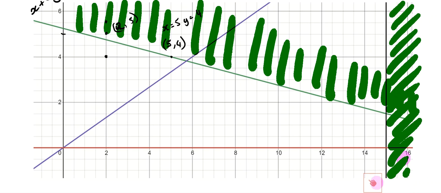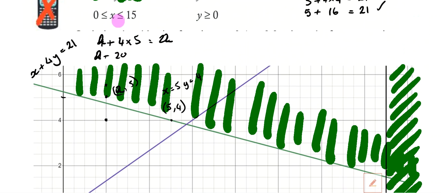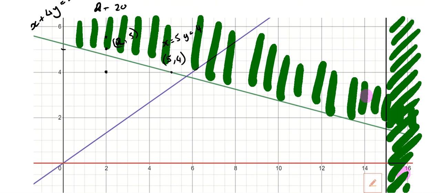What about this, x also has to be greater than or equal to 0? Where's that? It's not the blue one, though. It's not the red one. x has to be greater than or equal to 0. That means that the x value has to be more than 0.